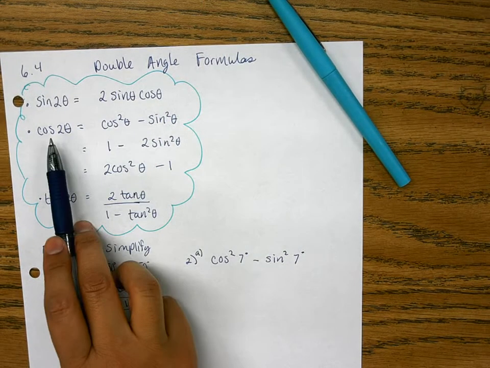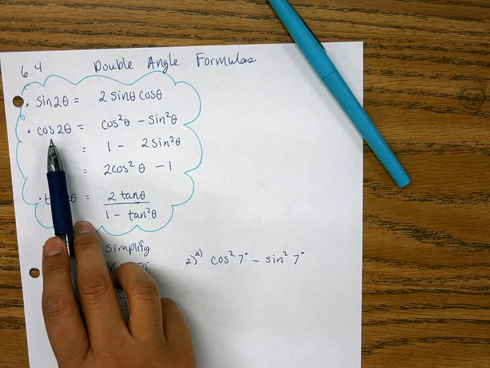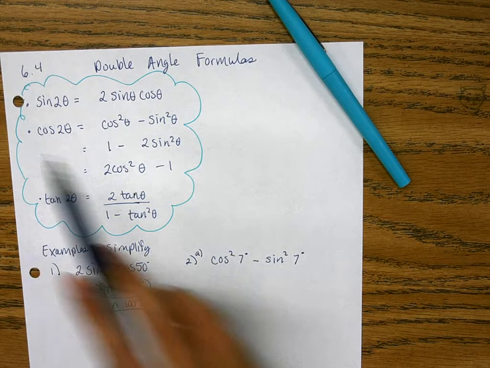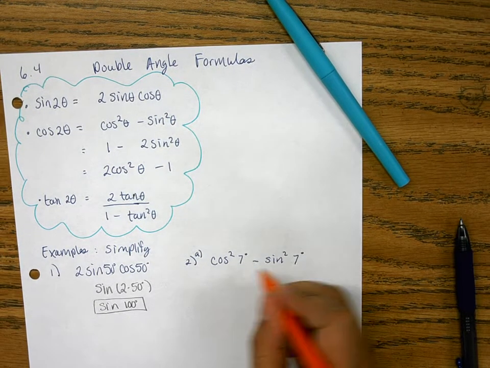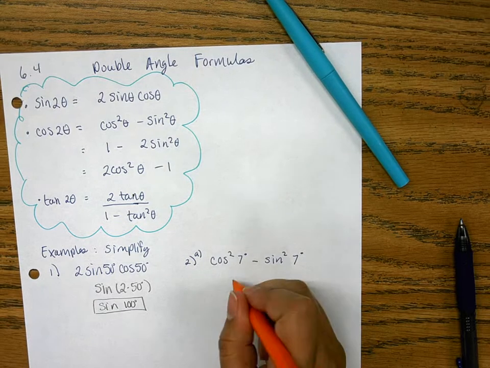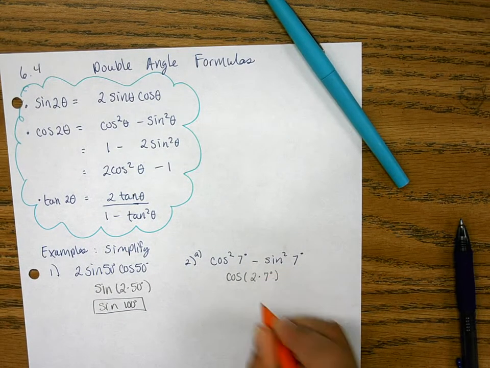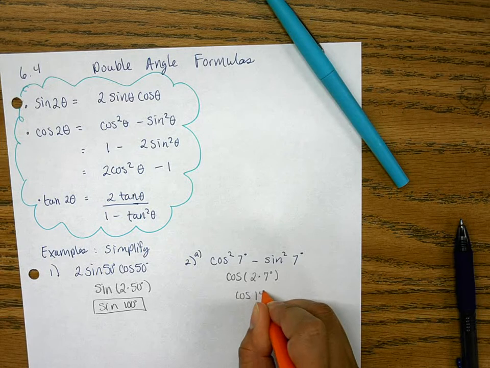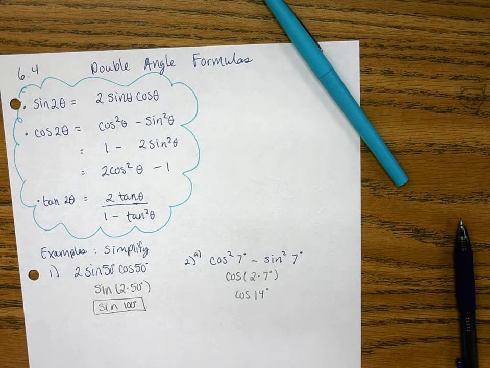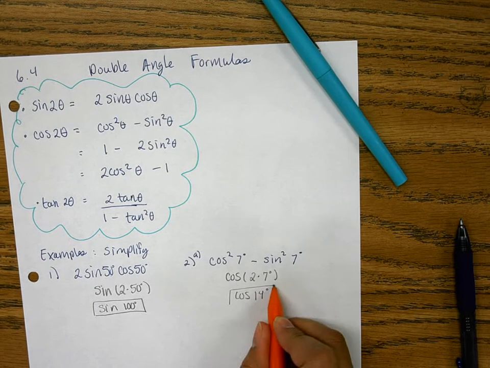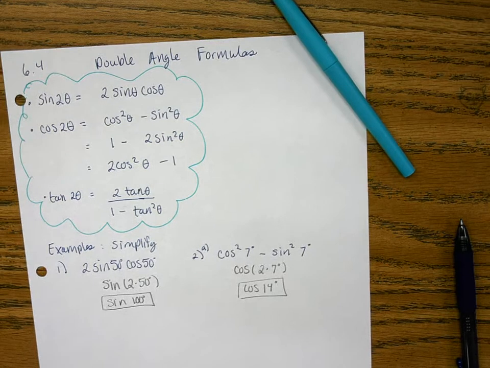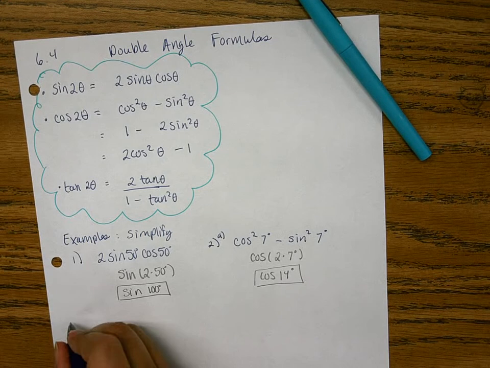Do you see it? So when it condenses, it becomes cosine of double the angle. The squares are gone, and it's cosine of double the angle as long as those 2 angles are the same. Cosine of 2 times 7 degrees is cosine of 14 degrees. And again, that's not a special angle, so we're going to leave it like that.